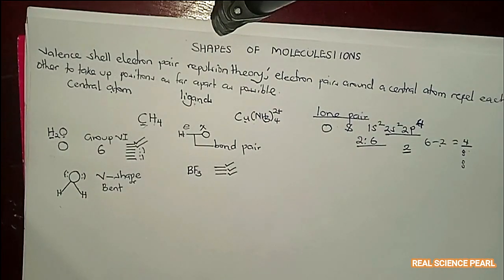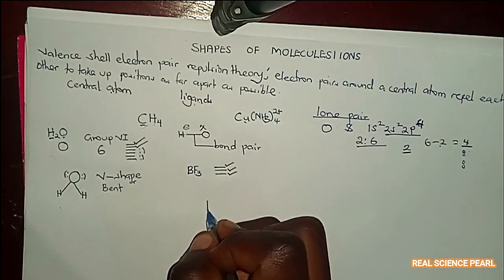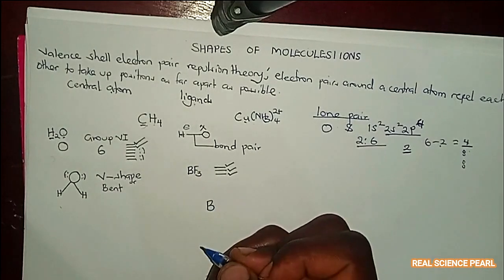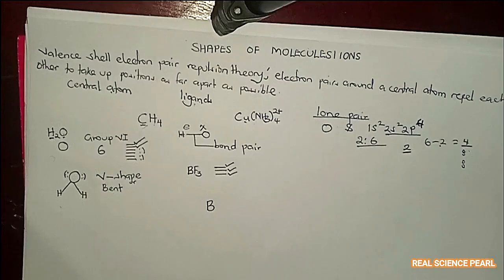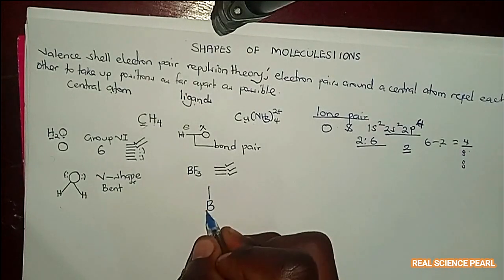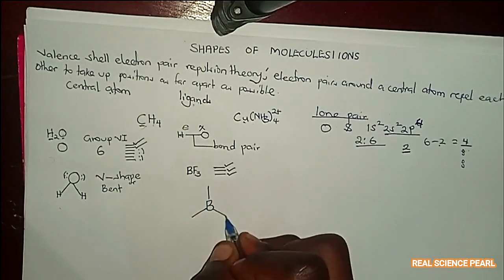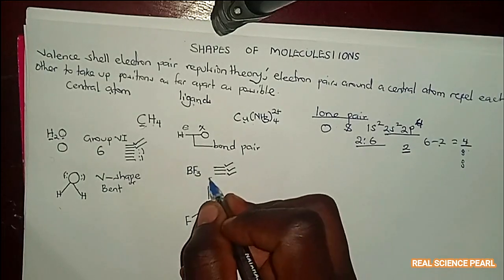And since we talked about that, we should have a shape of the molecule that is going to minimize repulsion. So it means we have 3 bond pairs and they are supposed to distribute themselves around boron so as to minimize repulsion. And in case that to minimize repulsion, it means they are going to distribute themselves in a trigonal planar way so as to minimize repulsion.